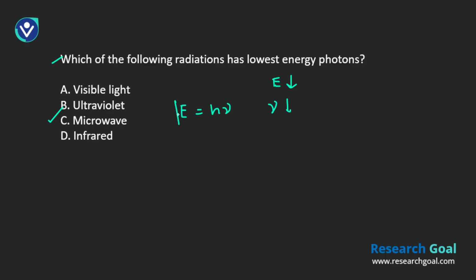As per this equation, this explains it. Microwaves have the lowest frequency, and all the others have higher frequency, so they will have higher energy. That is why these options are incorrect. So the winner in this case is option C, microwave.